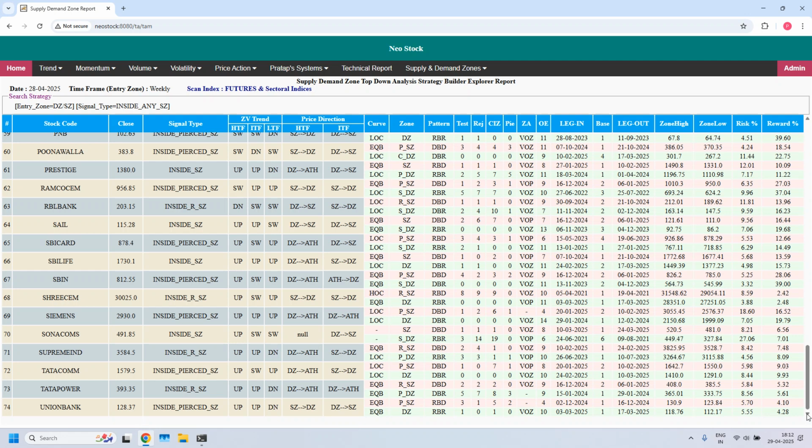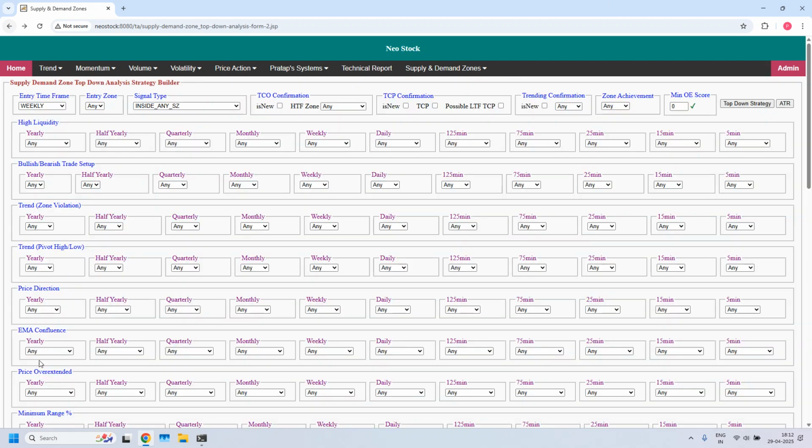So total 74 stocks are filtered. Let us further filter this list based on weekly supply zone having weekly EMA confluence, and also trend on the weekly should not be sideways, it can be up or down.